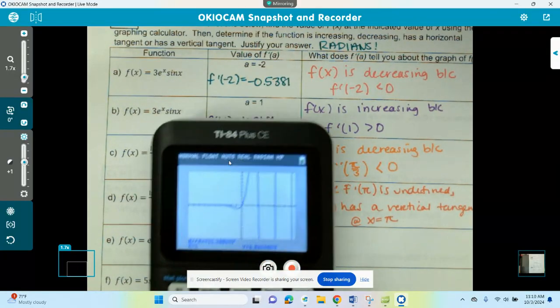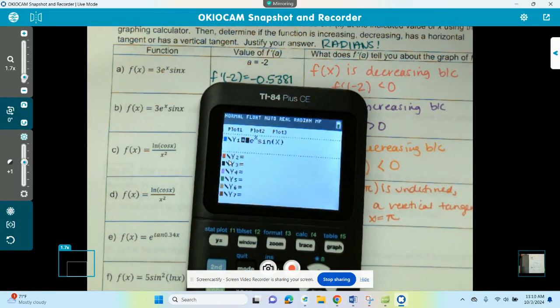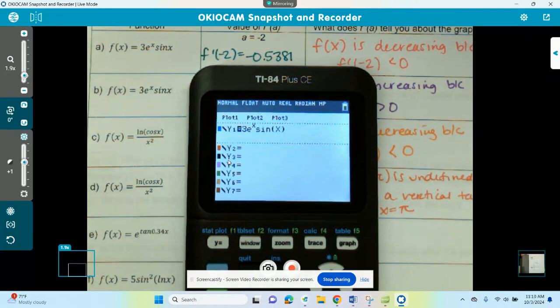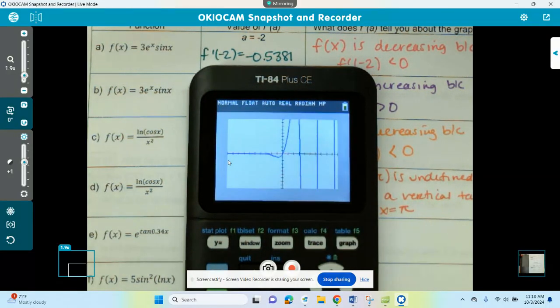All right, so while y'all work on that, just to do the graphing method, I went into Y1 and typed in, this is letter A or B, I'll do them both just to show you. I entered my equation. I'm going to hit graph just to make sure you can see my equation.